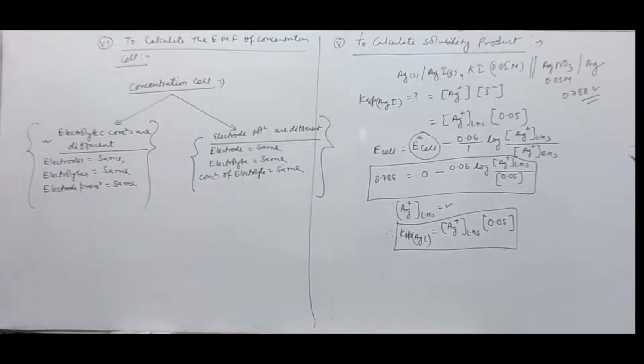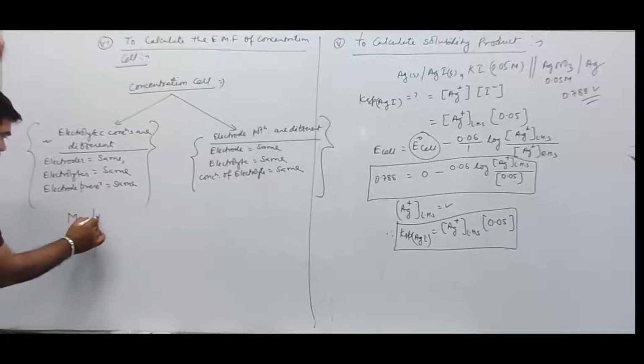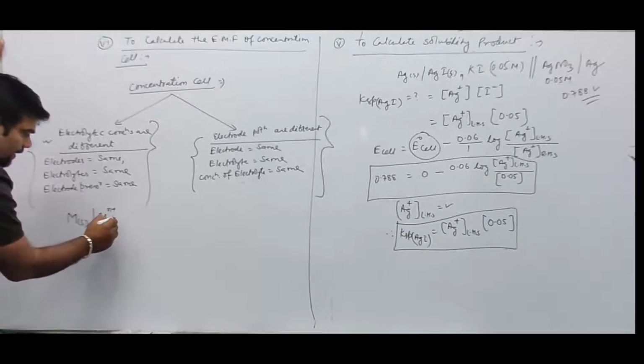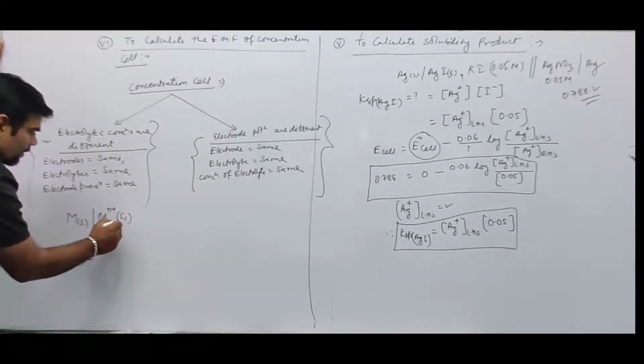Okay. Suppose in these electrolytic concentrations, this can be a metal ion concentration cell, or a gas electrode concentration cell. That can be further of any type, no problem. So see now, suppose we have the same metal, M solid, converted to Mn plus, and its concentration is taken as C1 molar.